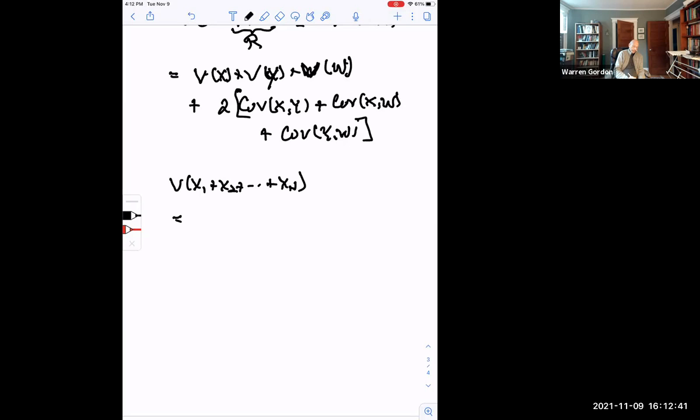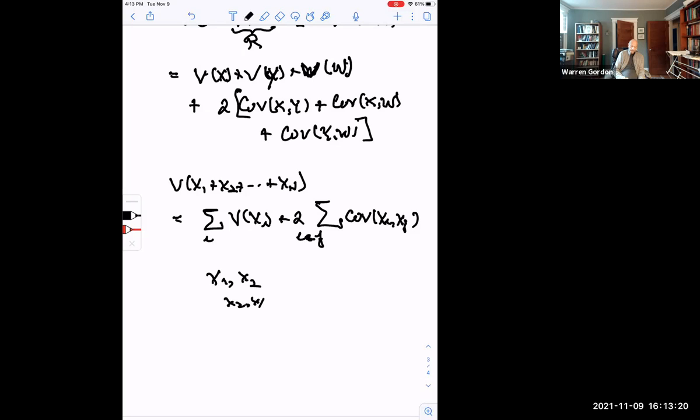Well, it turns out this would just be the summation of V of X sub I over all possible I values, plus 2 times the summation of covariance of X sub I, X sub j, I less than j. Meaning if X1, X2 is there, then you don't have X2, X1. That's what this means.